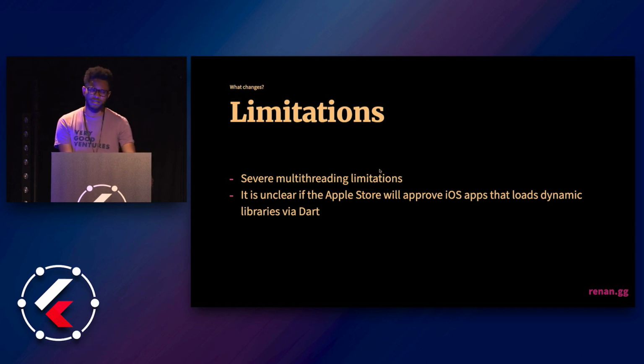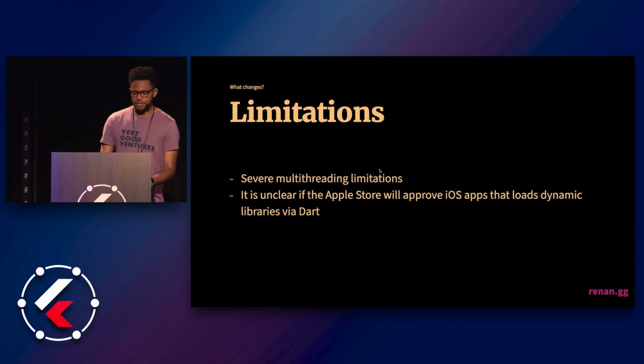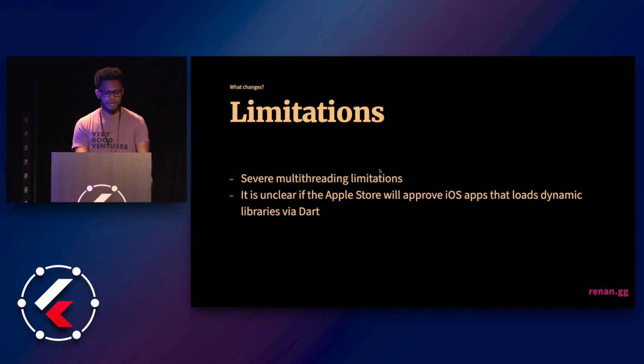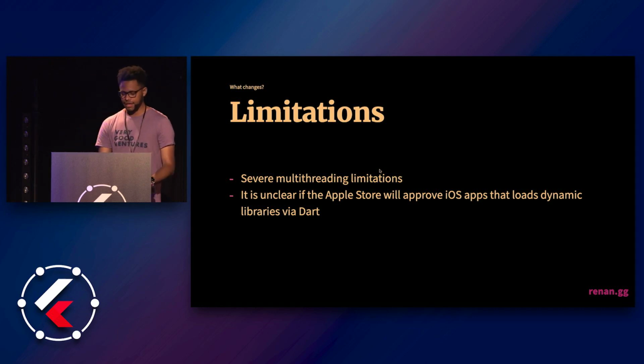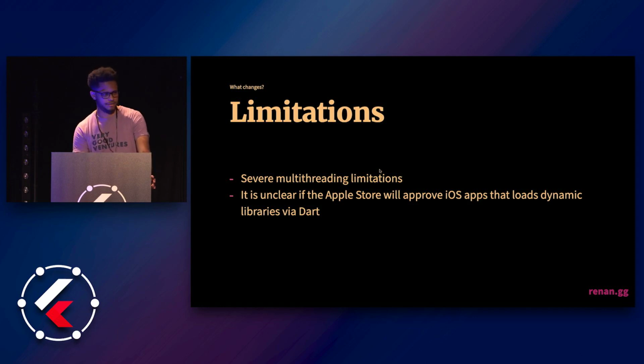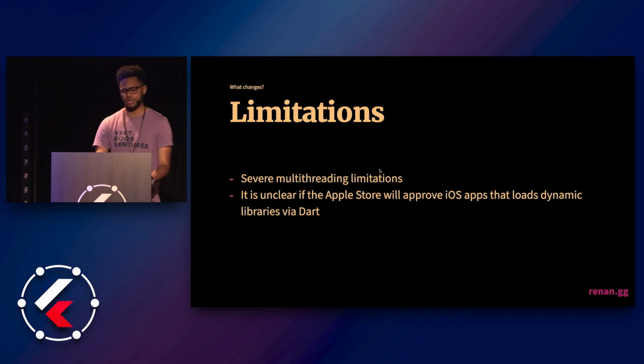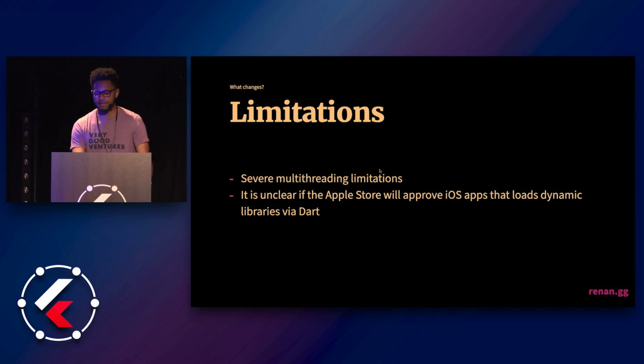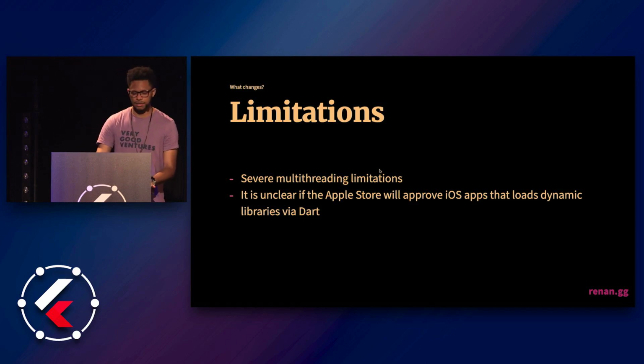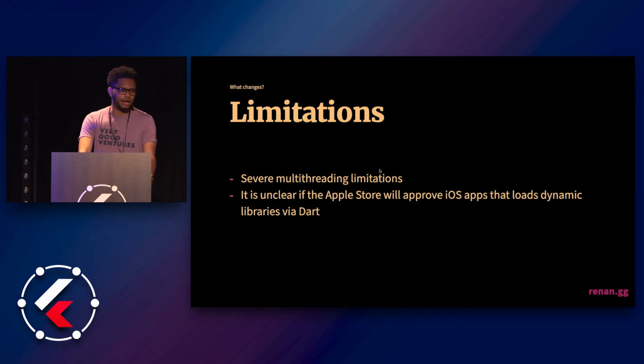For example, Game Controller, which was my initial intention to show off today. So yeah, this kind of stuff is limiting, but there are use cases. There's pasteboard, sound, for example, those things work. And okay, there are some ways you can load dynamic libraries. With DynamicLibrary.open, you load the library at runtime, and it's unclear how Apple will treat your app if you submit it using this.